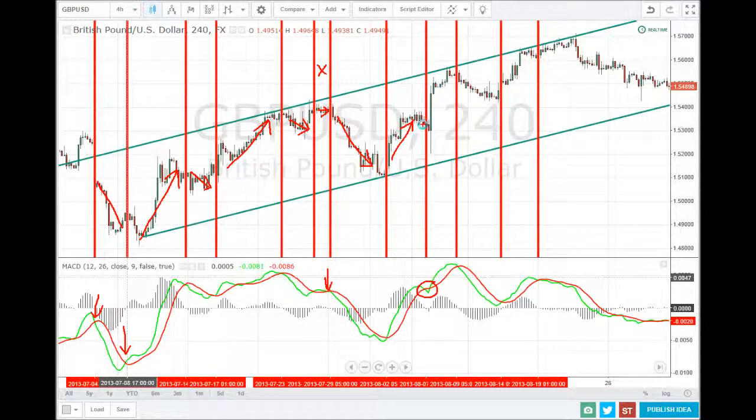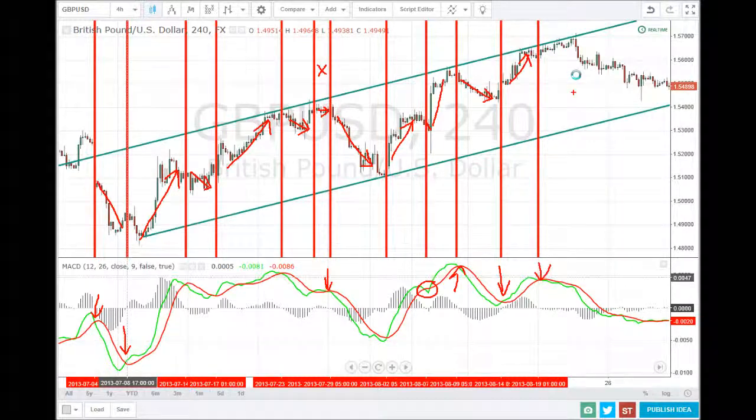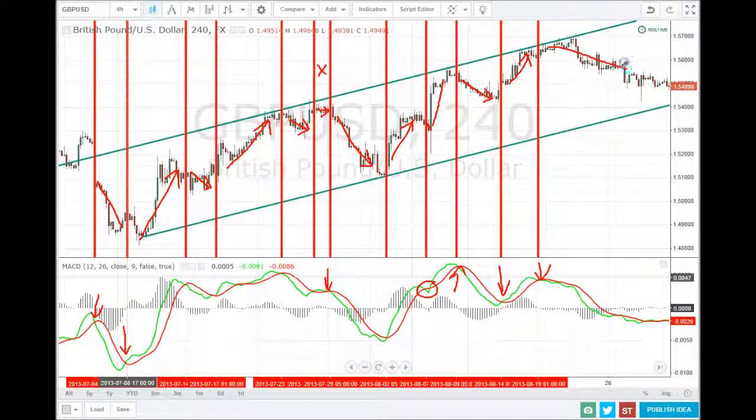So we kind of get that price comes down and then shoots on the upside. A cross here. Price should move on the downside, and it does. Another cross here. Price should move on the upside, and it does. And then we have our final cross, and price does move on the downside.